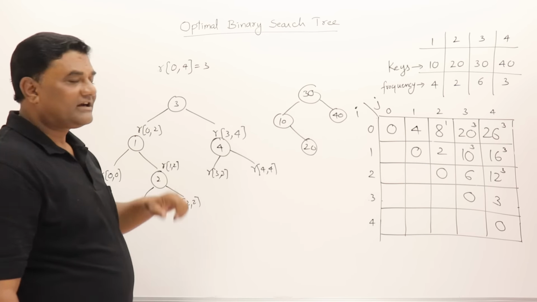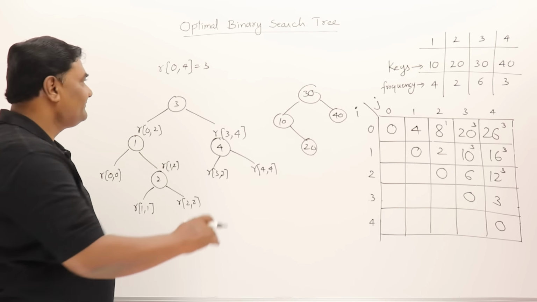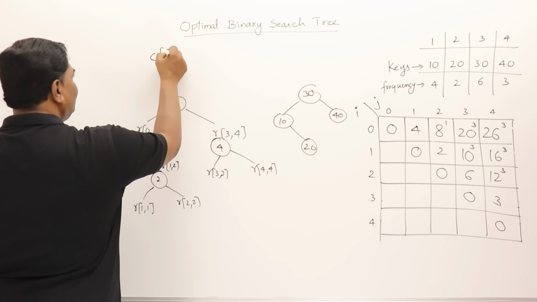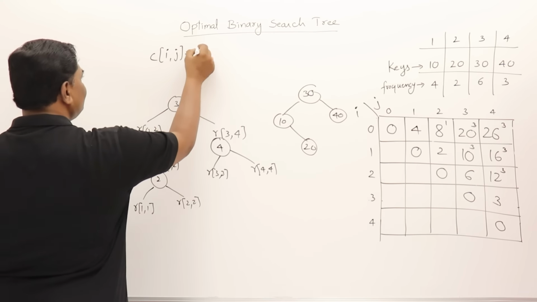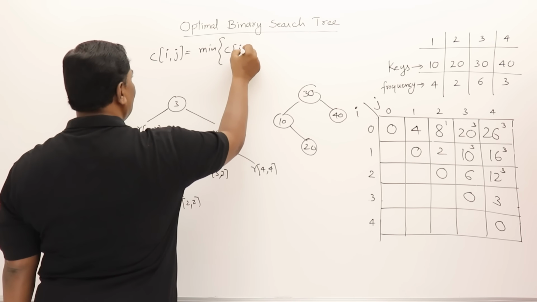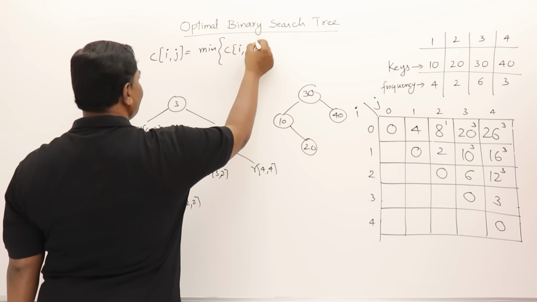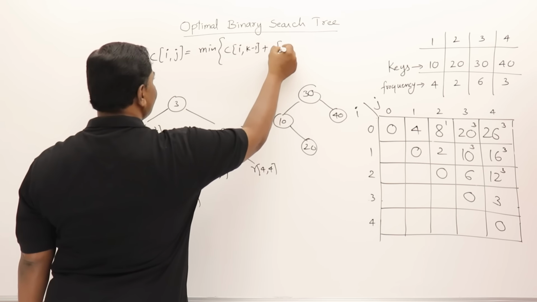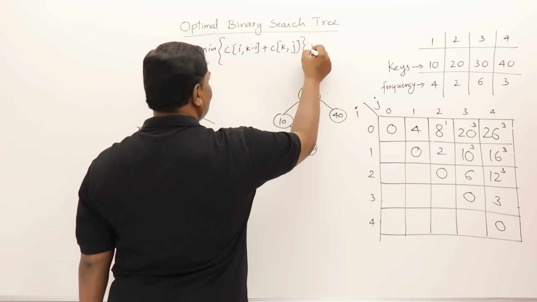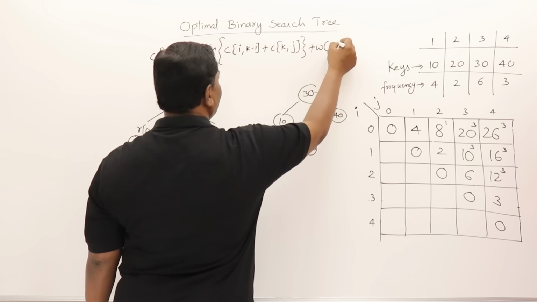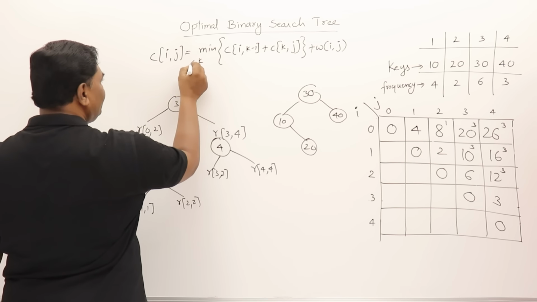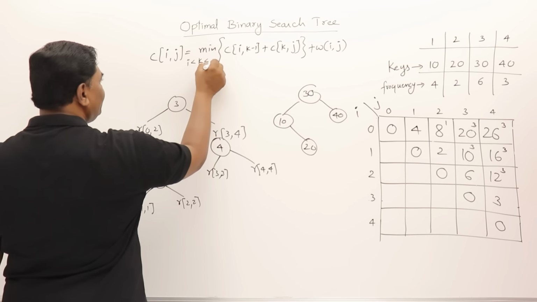Now finally, I will write the formula that I was using. Cost of i comma j is equal to the minimum of cost of i comma k minus 1 plus cost of k to j plus weight of i comma j, where k takes values greater than i and less than or equal to j.